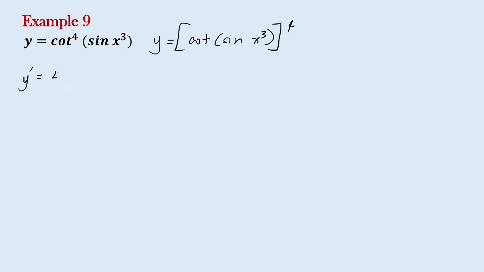So we have 4 and then cotangent of sine x cubed raised to 4 minus 1. And then multiply to the derivative of the inside function. So the inside function is cotangent of sine x cubed.